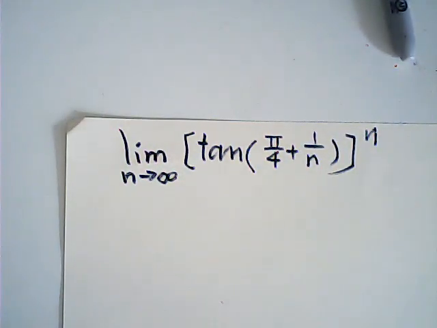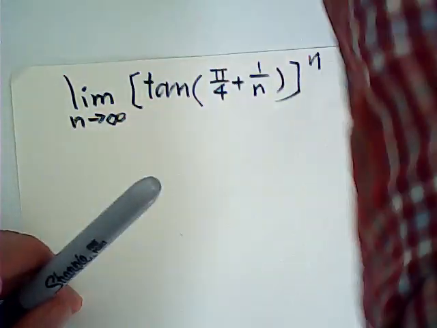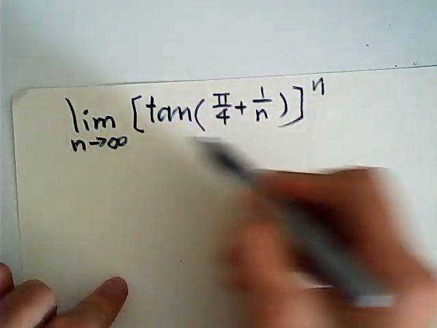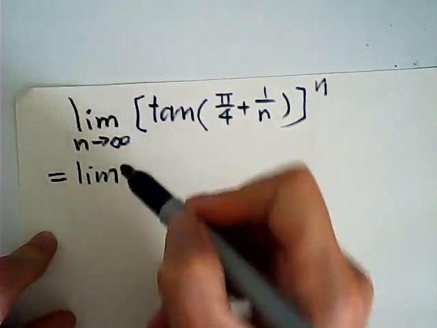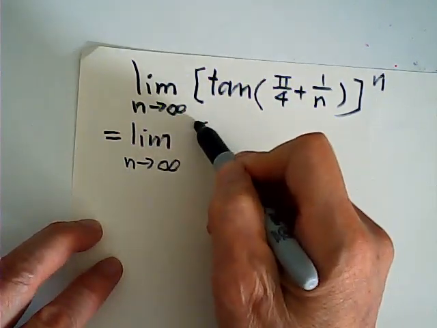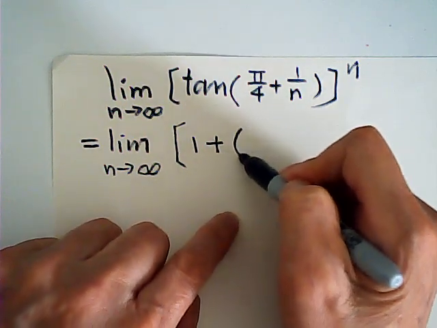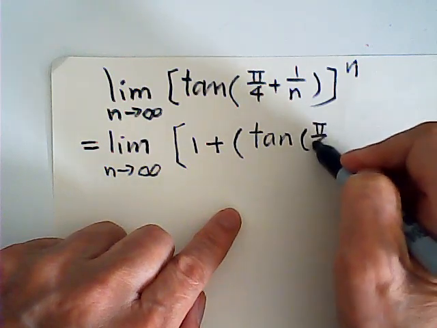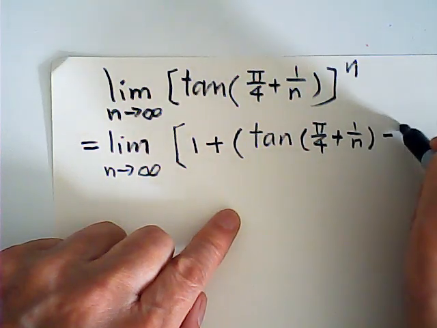The pens are not good. I'll try to use a good pen. Okay, now this one is equal to the limit as n approaches infinity of 1 plus tangent of quarter pi plus 1 over n minus 1.